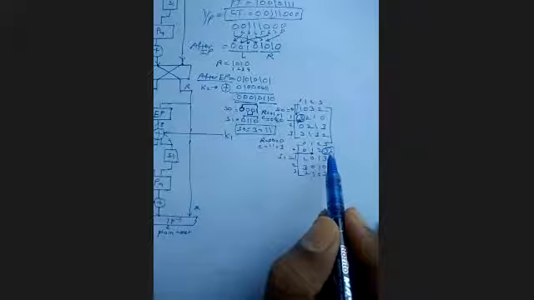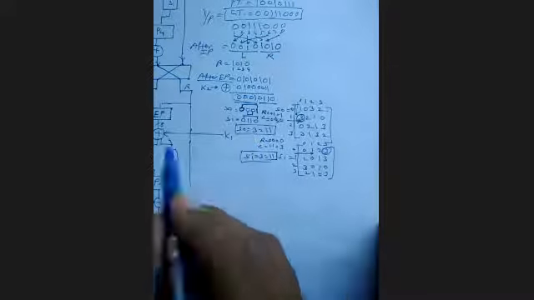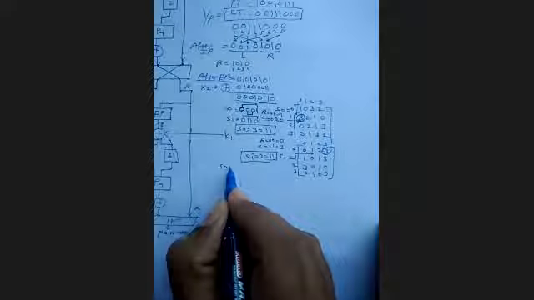So this becomes 3. So S1 becomes 3, meaning 1 1. So what is the value of S0, S1? Both together make S0, S1 become 1 1 1 1. Understood? S0 and S1 become 1 1 1 1.